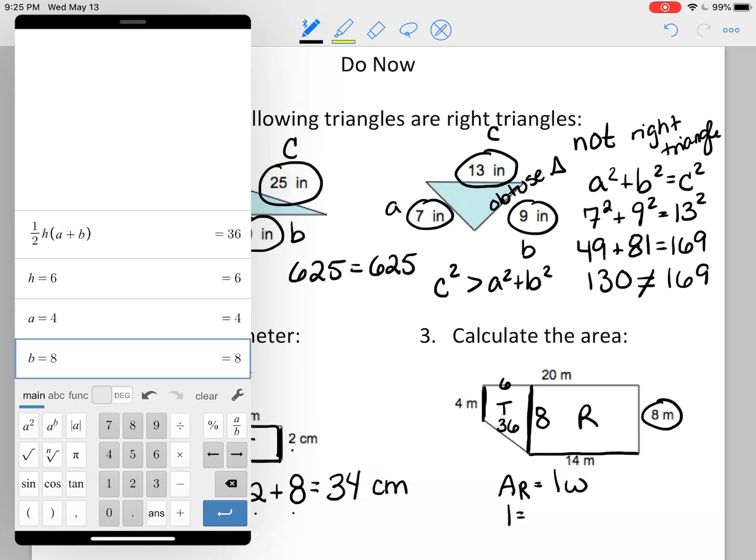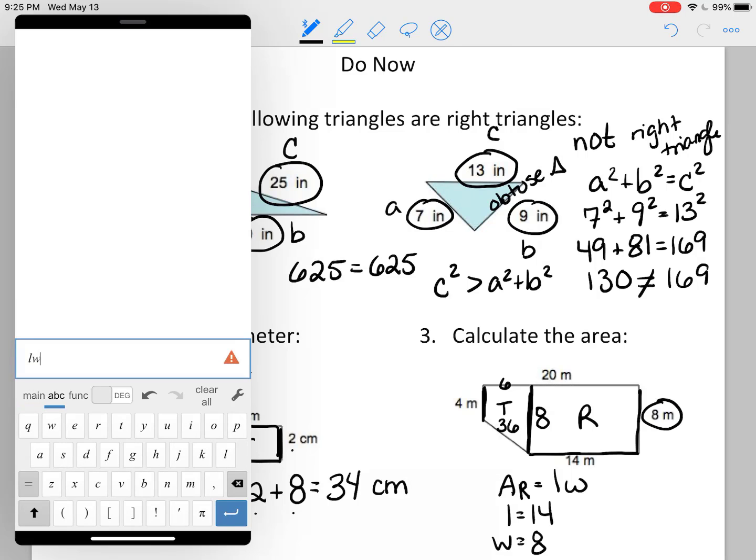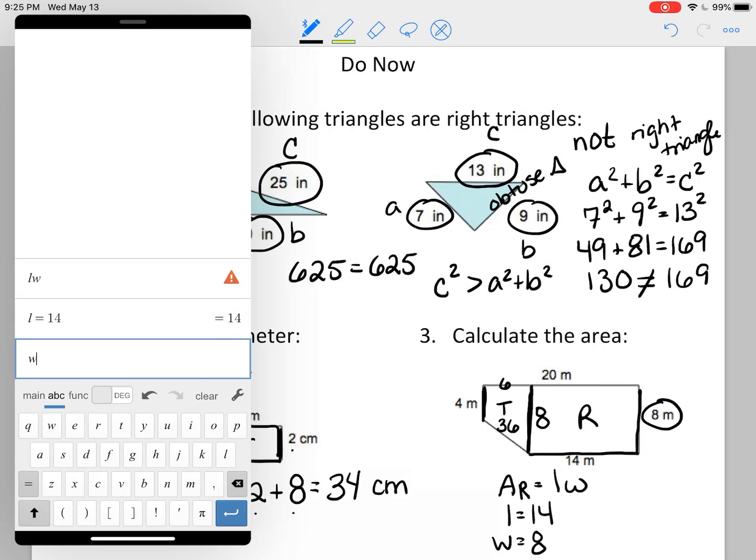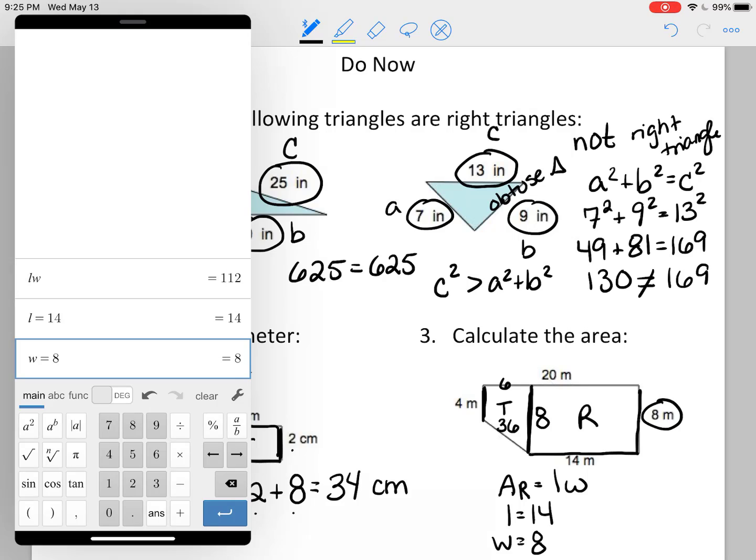We have our length of 14 and our width of 8. So if we put that in Desmos, our formula is LW, and L is equal to 14, and W is equal to 8. So our area is equal to 112.